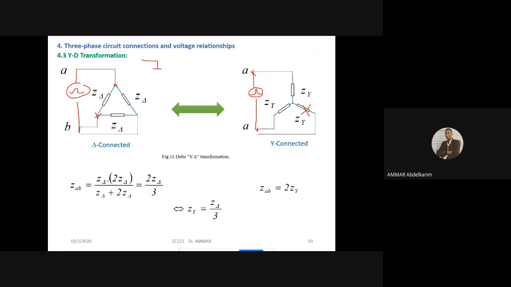When we simplify it, it will be like this: this one in parallel to those two, between A and B. While here, it will take only two in series between A and B. Is it clear or not?